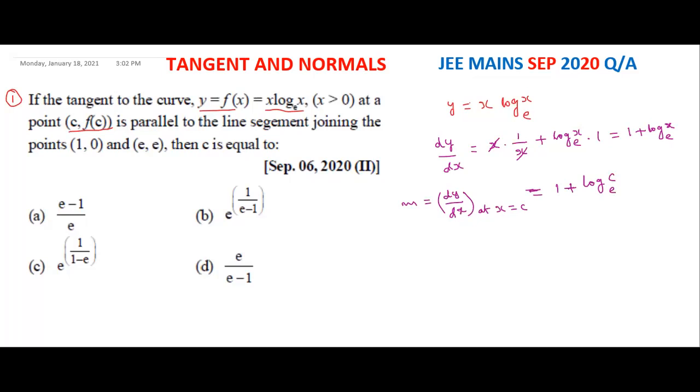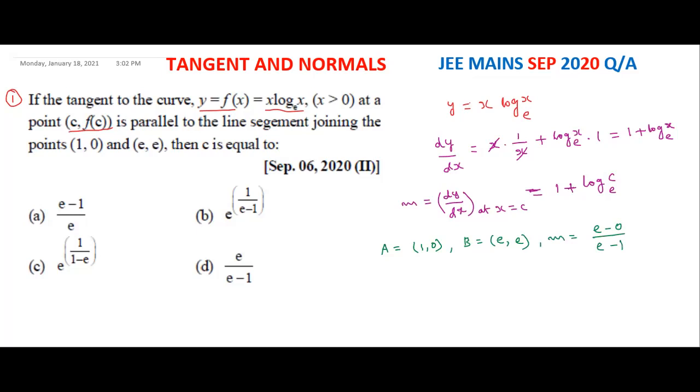So in that line segment, I am taking the point A is 1 comma 0 and let B is equal to e comma e. Now here we need to find slope m, slope of AB. What is the formula? y2 minus y1 by x2 minus x1.